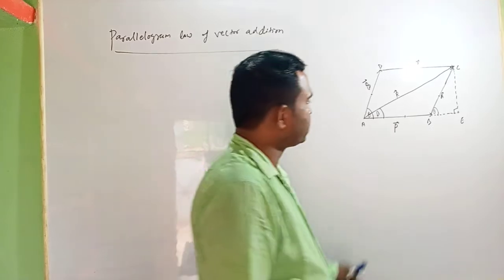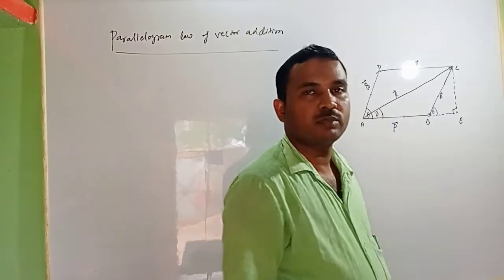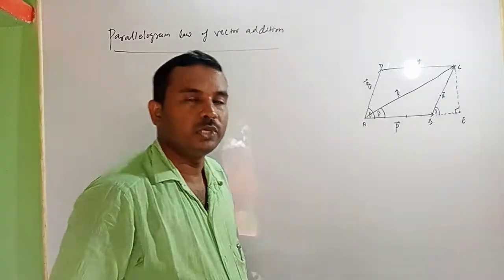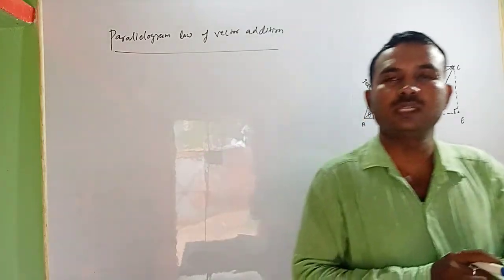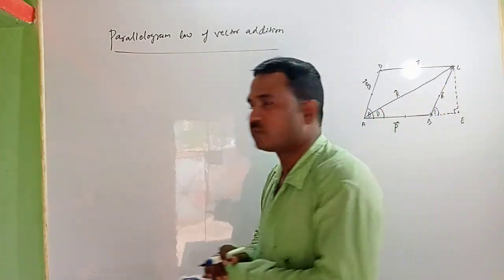Now we can consider, suppose that we have two vectors, vector P and Q, and you will write a little bit because you have to find the formula for the special cases.